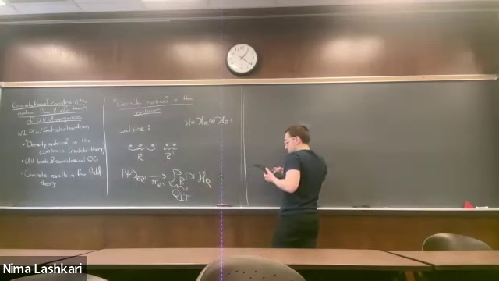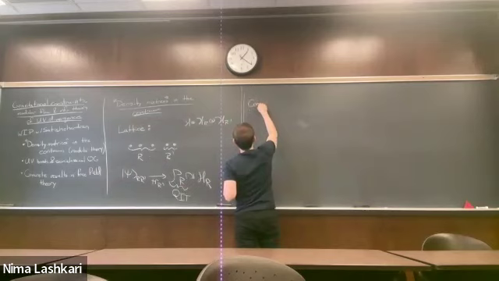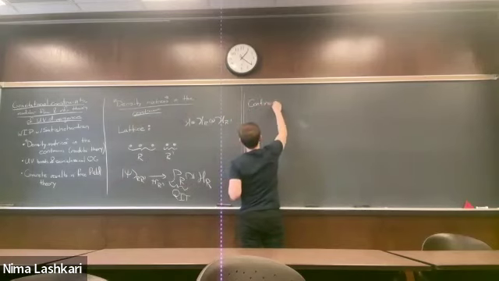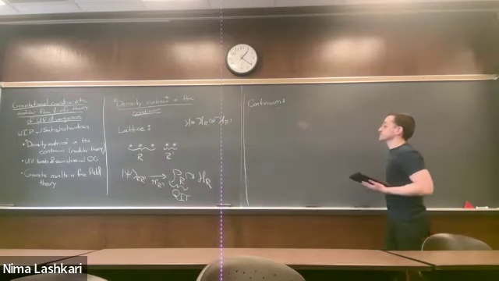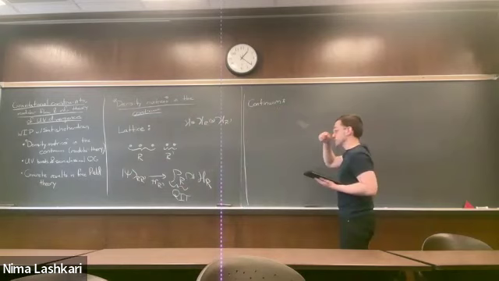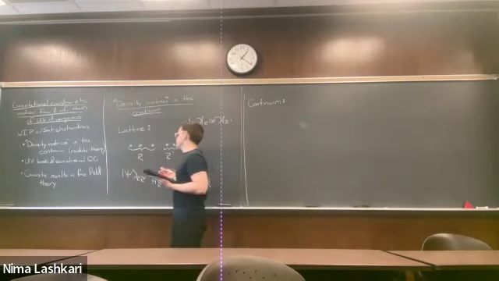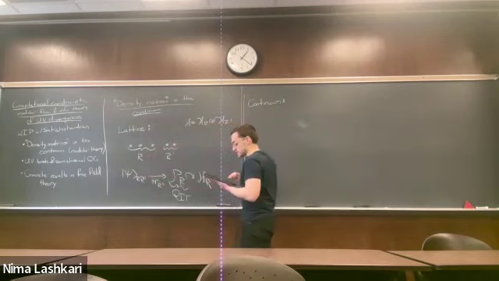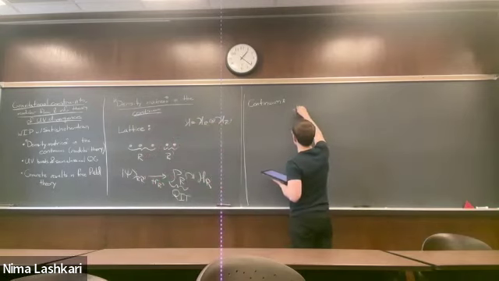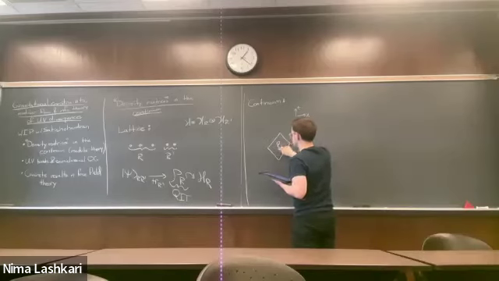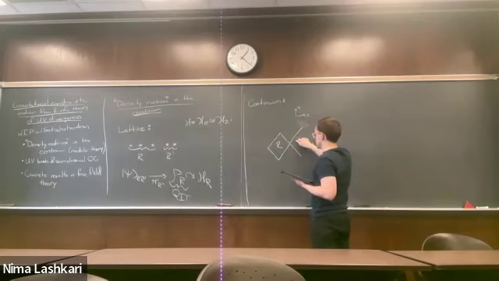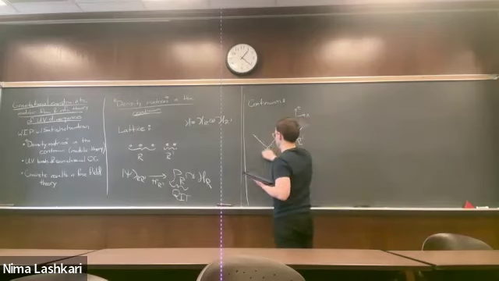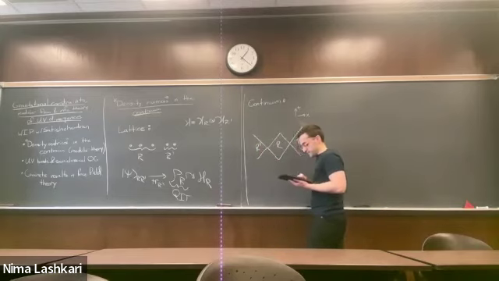When you try to apply similar considerations to the continuum, there are serious issues. So what do I mean by a continuum system? Say, for example, I mean a quantum field theory. And if I want to divide the degrees of freedom of my quantum field theory into two complementary sets, the way I do that is by drawing some space-time diagram in which I single out some causal region, R, where certain degrees of freedom live, and a complementary causal region R prime, where the complementary degrees of freedom live.